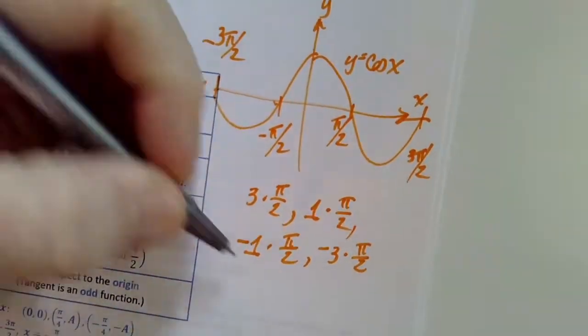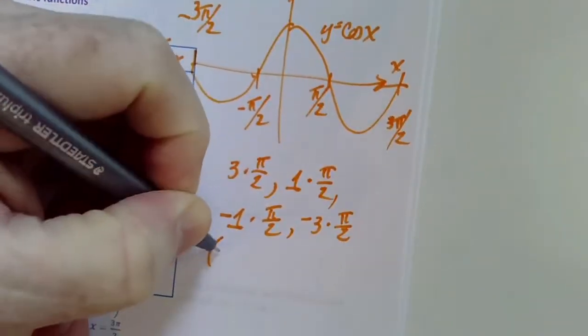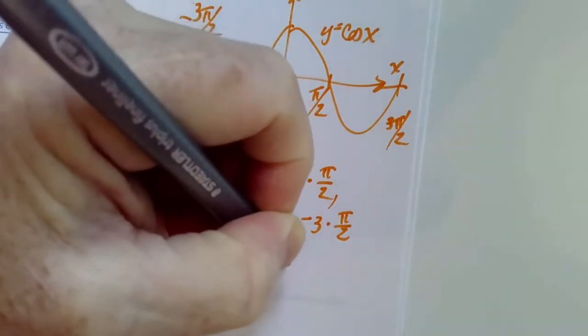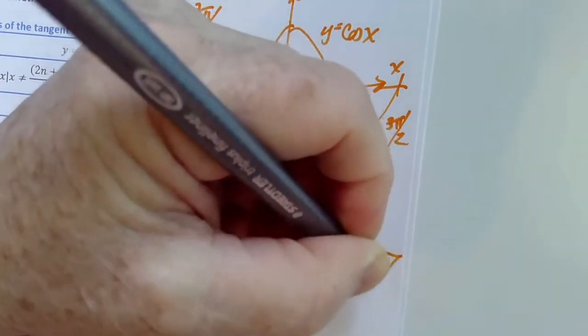Well, the easiest way to express an odd number is 2 times n plus 1, where n is an integer.